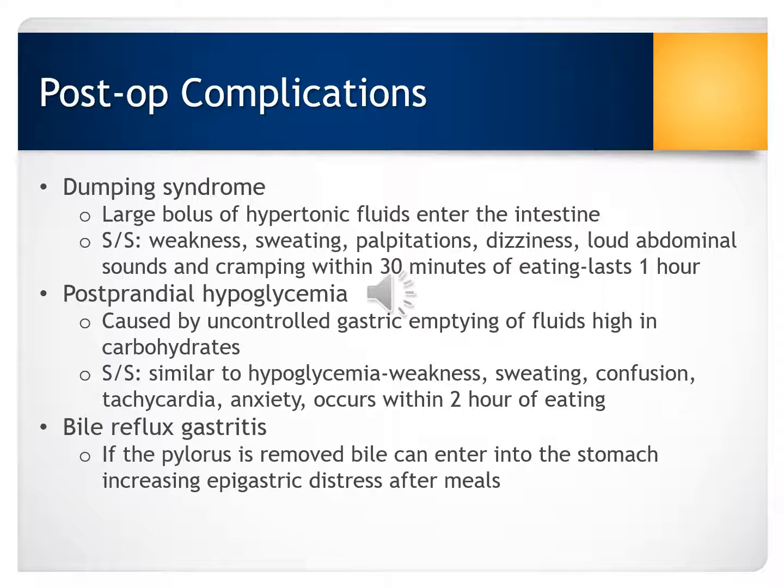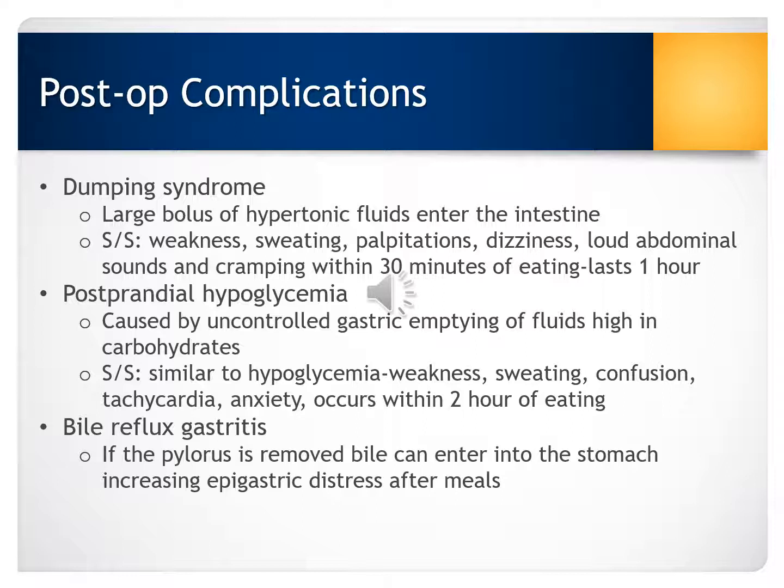So a large bolus of hypotonic fluid enters the intestine and results in fluid being drawn from the bowel. This creates a decrease in plasma volume along with distension of the bowel lumen and rapid intestinal movement. The onset of symptoms typically occurs within 15 to 30 minutes after eating. The patient usually describes the feelings of generalized weakness, sweating, palpitations, and dizziness.